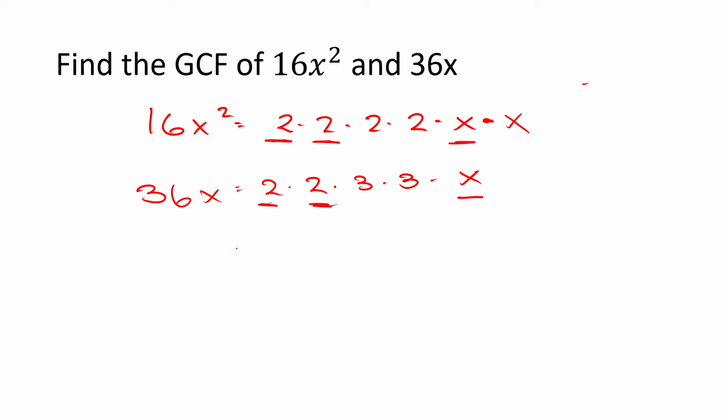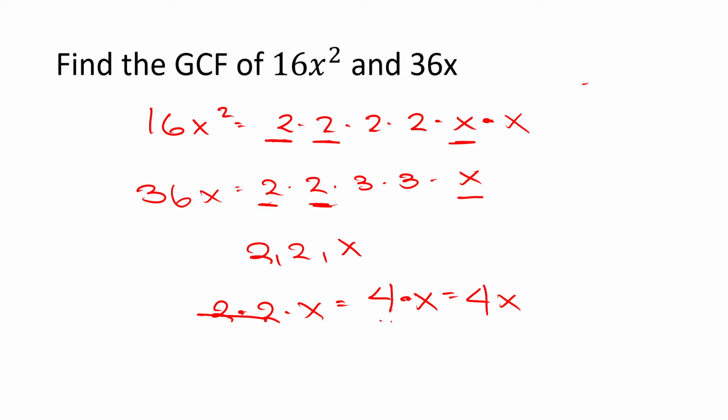So next step is list. A lot of people do this in my class. However, they don't do the last step, which is multiply. Once you list their common factors, you multiply them, 2 times 2 times x, to find the GCF, which is 4 times x, which is basically 4x. 2 times 2 is 4, 4 times x is 4x.